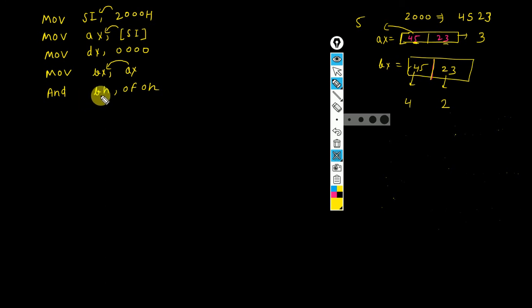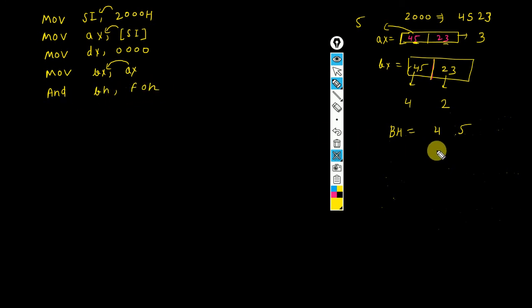Okay, so the next instruction is AND BH comma F0H. The content of BH is 45, and here we write AND BH comma F0H.